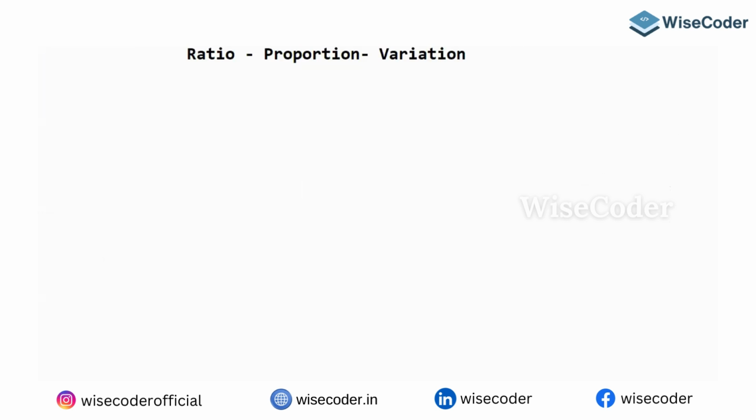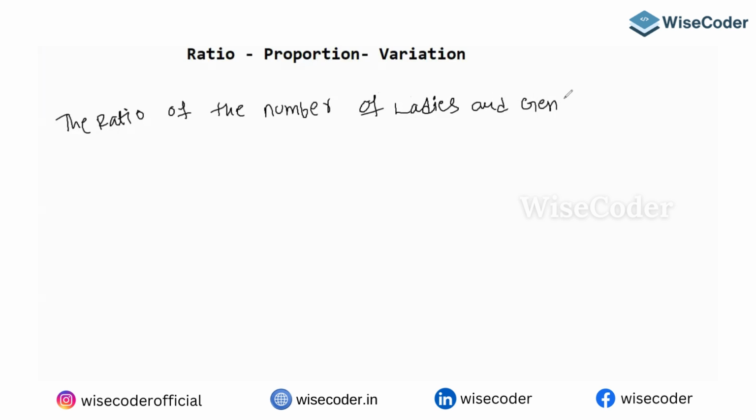Please write down. The ratio of the number of ladies and gentlemen in a party is 3 is to 4.